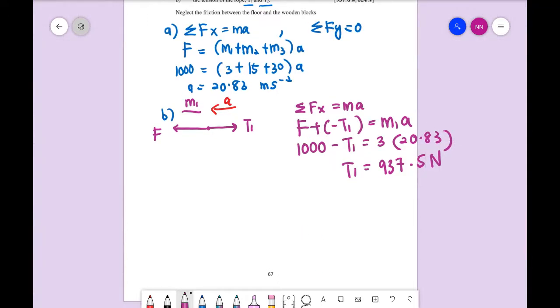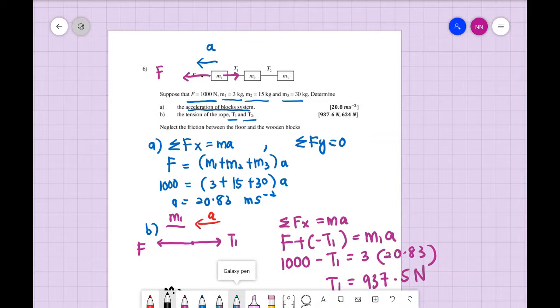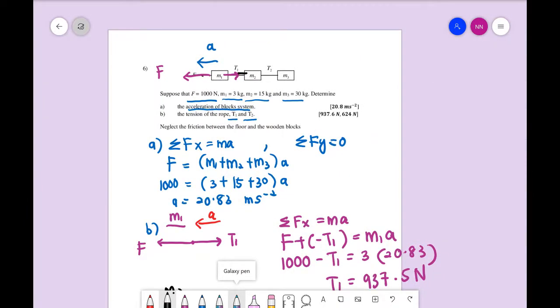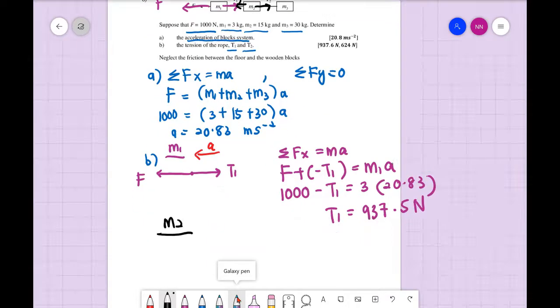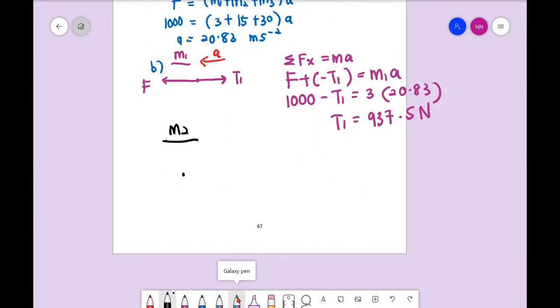And then how about M2? Look at this diagram. M2 has T1 to the left and T2 to the right. Tension must be away from the object, where the acceleration is to the left.